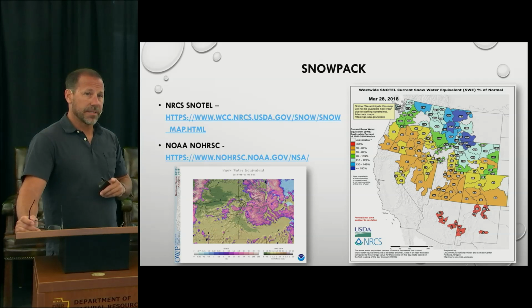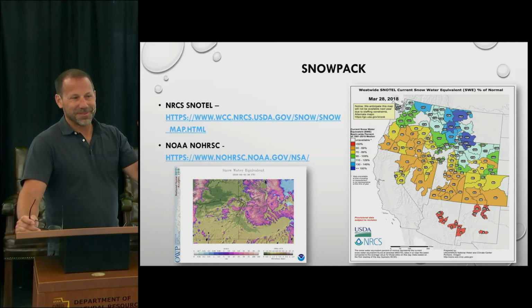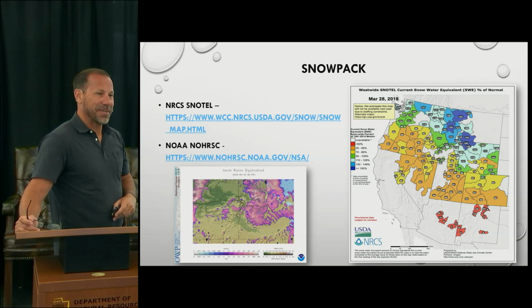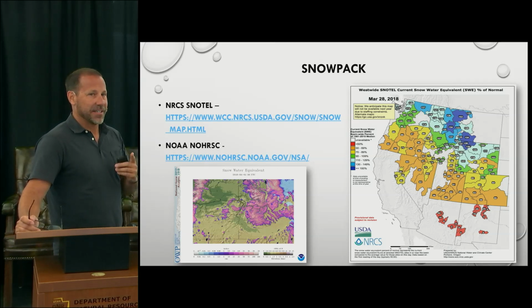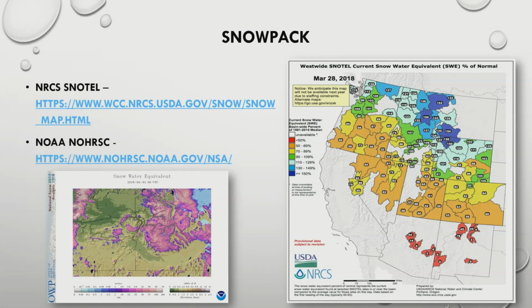This is modeled data from the National Operational Hydrologic, I forgot the whole acronym. It's snow related, basically. It's out of Minnesota, and this is modeled and satellite data, but it provides good estimates on snow cover and other snow-related parameters like snow water equivalency.